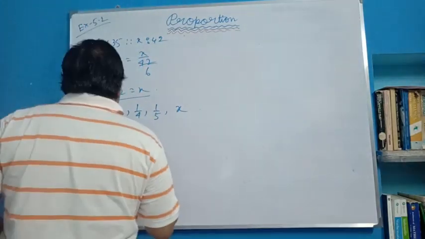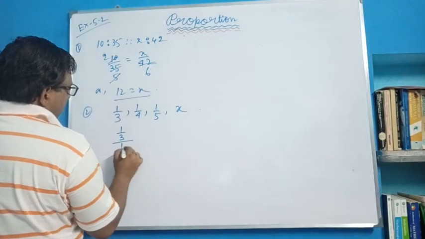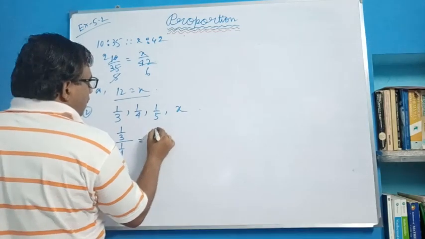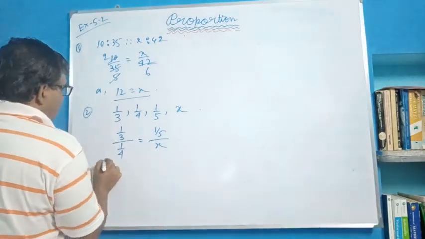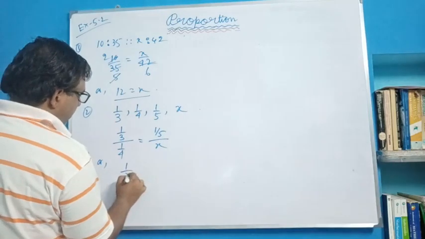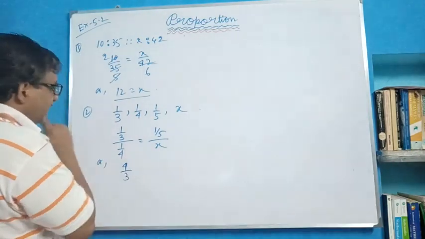It is again easy. Use this formula. 1 by 3 is to 1 by 4 as 1 by 5 is to x. Or we can write 1 by 3 into 4 by 1, so that is 4 by 3. Is it? Yes.